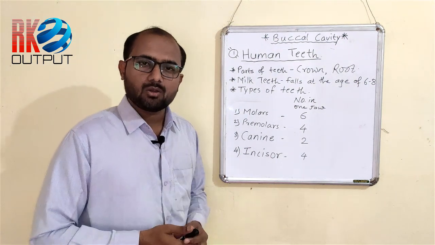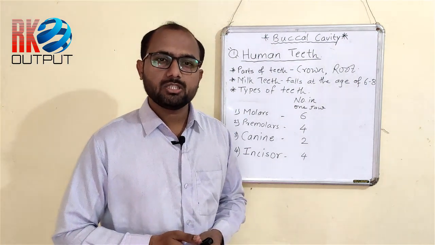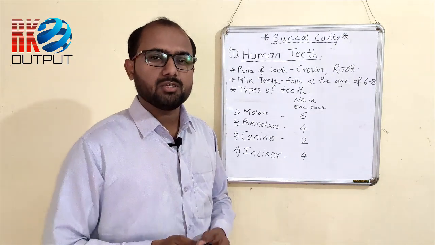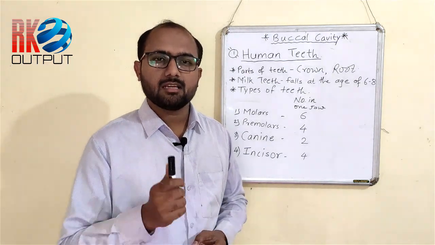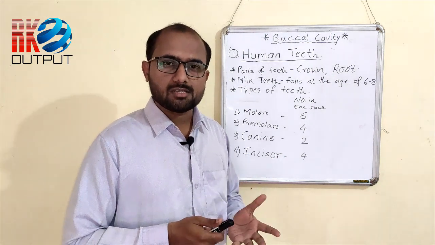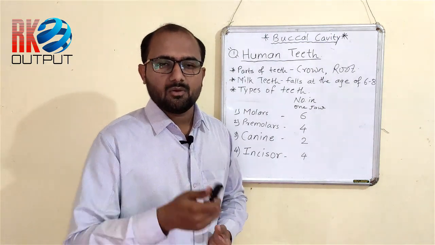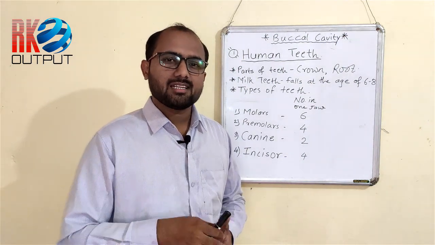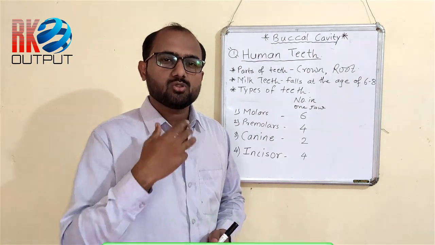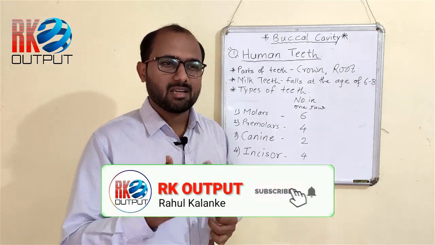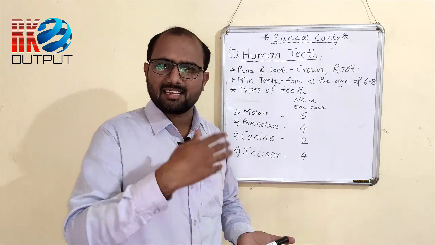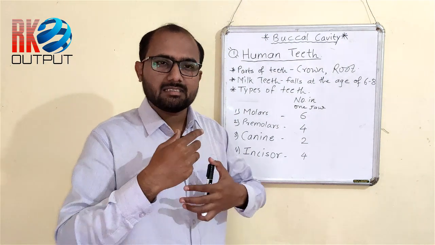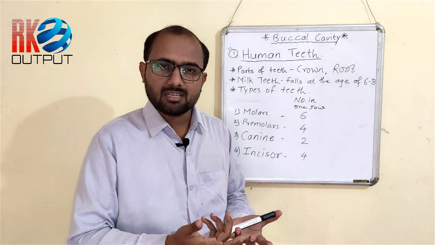So you all know that we have 32 teeth in the human body. In an adult human you find 32 teeth. But what about children? You all have experienced that when you were in class 3rd, class 4th, class 5, so many students were saying that my tooth has fallen. आज किसी का गिर जाता है, कल किसी का गिर जाता है. तो हमने ये बहुत सी बार देखा है कि टीथ गिर जाते हैं. तो ये कौन से टीथ होते हैं?